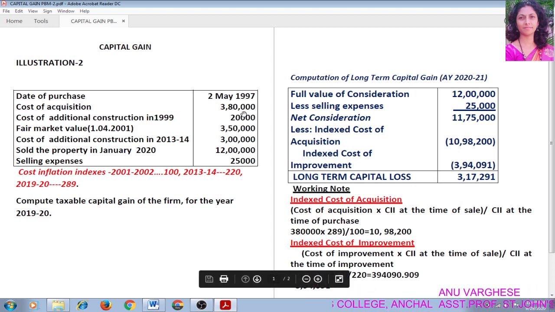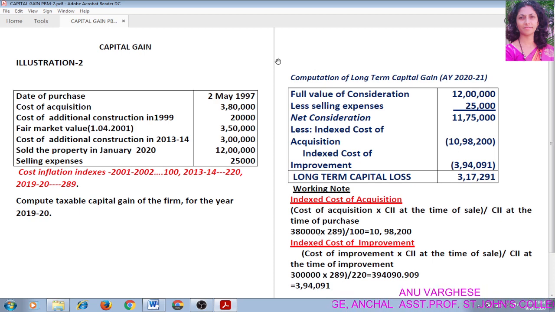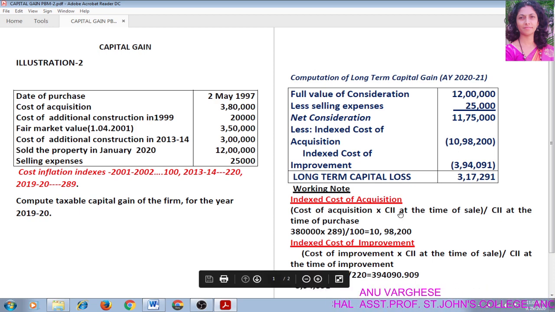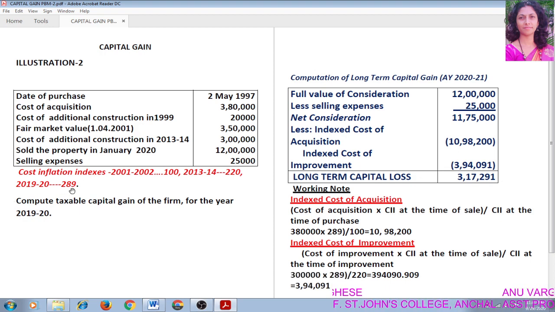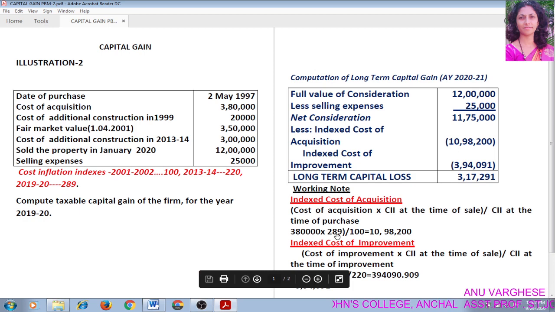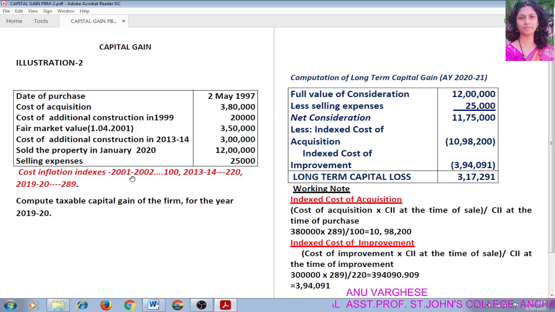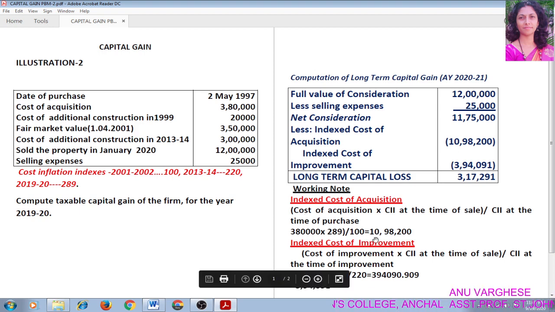Cost of acquisition is 3,80,000 into cost inflation index at the time of sale, that is 2019-20 cost inflation index is 289, divided by cost inflation index at the time of purchase, that is 2001-2002 cost inflation index is 100. So divided by 100, we are getting 10,98,200.